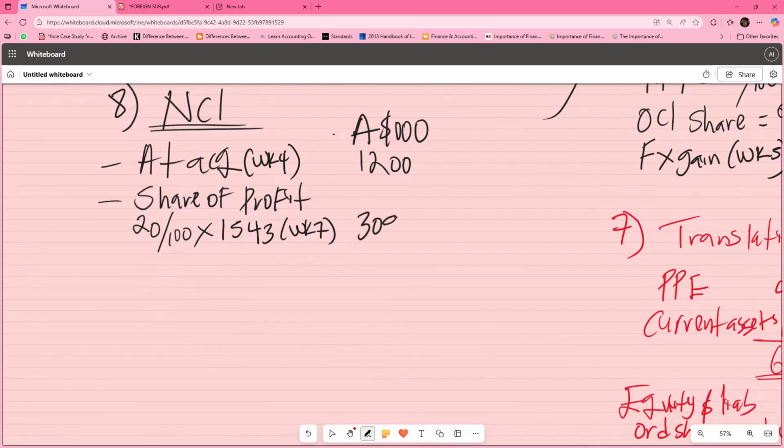That is 309. The next thing we also need to do is, since we are using the fair value method, if there's a gain or loss on goodwill, then it will affect your NCI. So the gain or loss on your goodwill in working 4 will also affect this NCI.